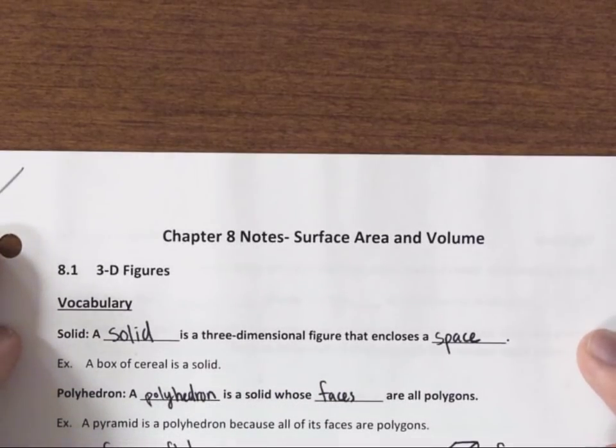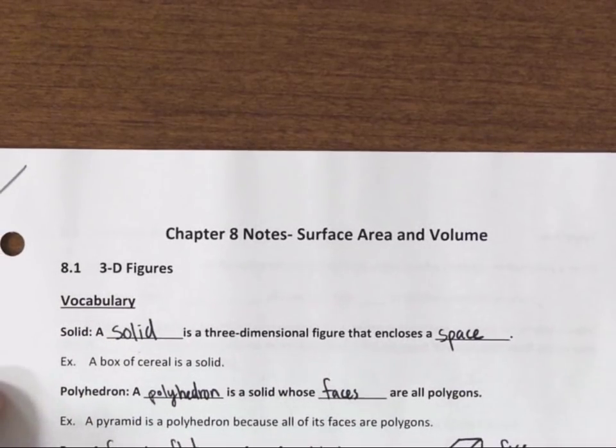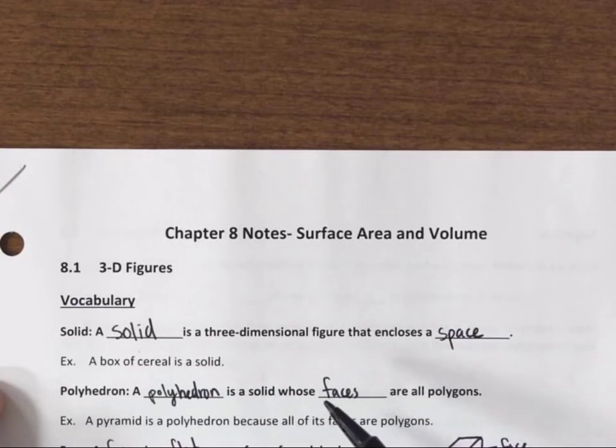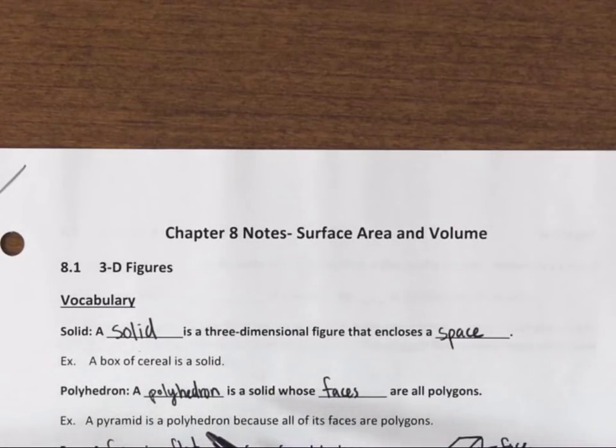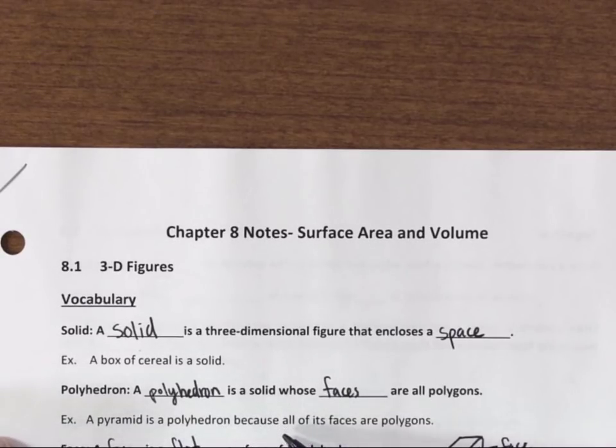Okay, what about a polyhedron? A polyhedron is a solid whose faces are all polygons. For example, a pyramid, or more specifically, a rectangular pyramid, is a polyhedron because all of its faces are polygons.